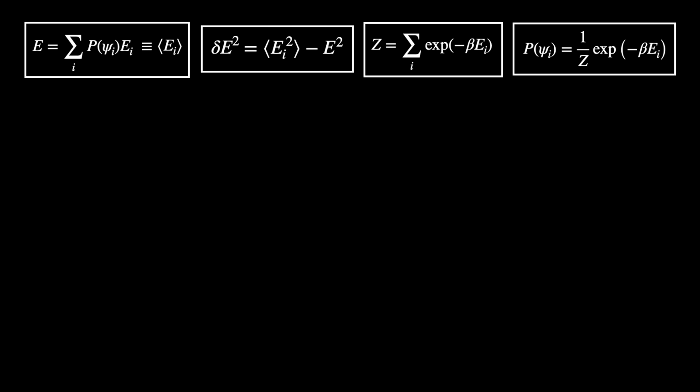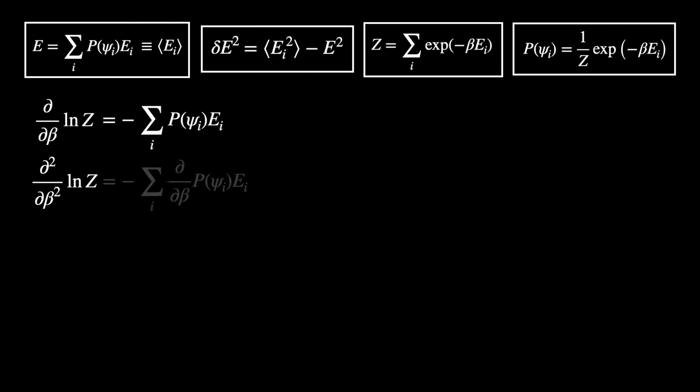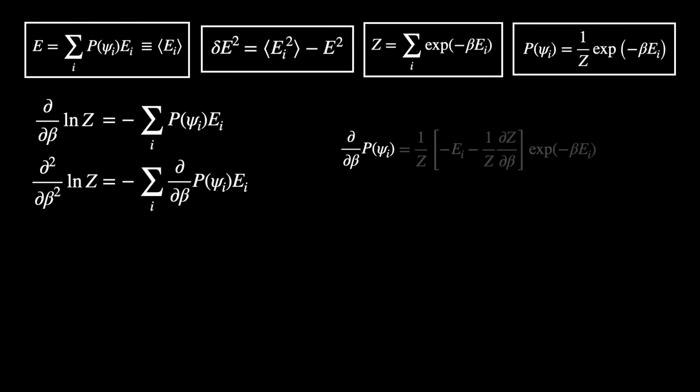Gathering all the equations needed at the top, let's evaluate the derivatives of log Z with respect to beta. As shown previously, the first derivative is just the negative of the average energy. The second derivative just acts on the probability distribution P, which carries the beta dependence. dP/d beta consists of two contributions.